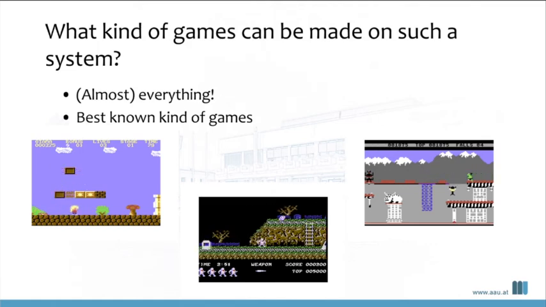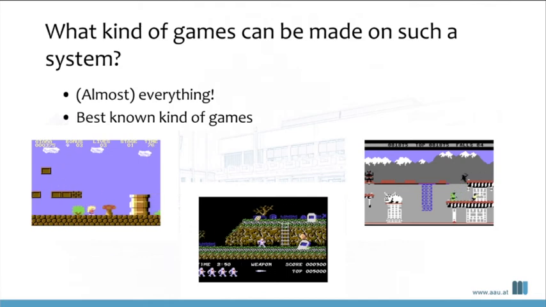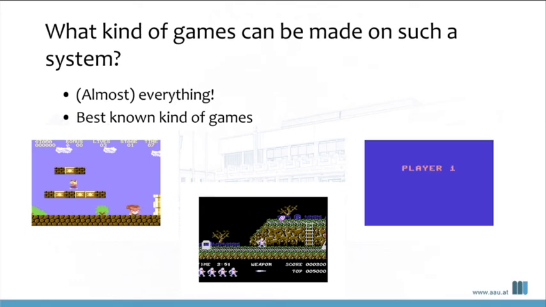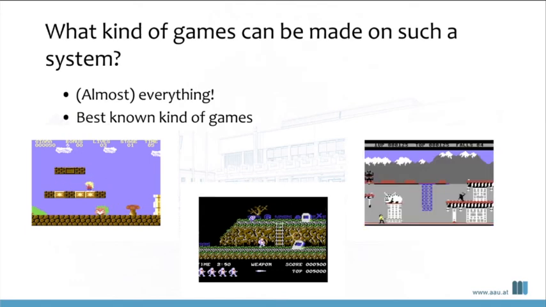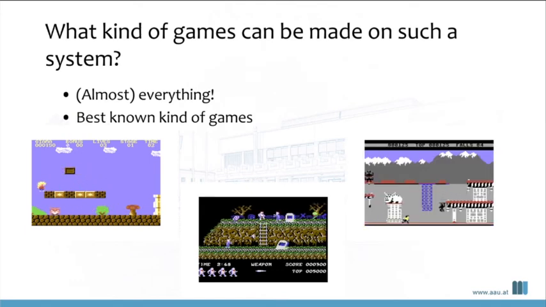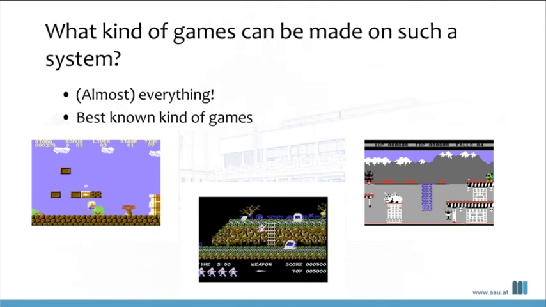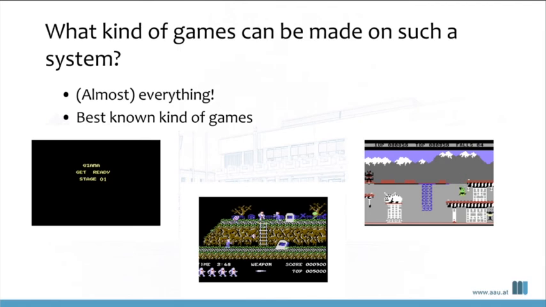In the middle there is Ghosts and Goblins, a game that was really hard to play. So basically a player like me never could finish this game. And on the right side there is the game Bruce Lee, which also shows another interesting detail of that time.